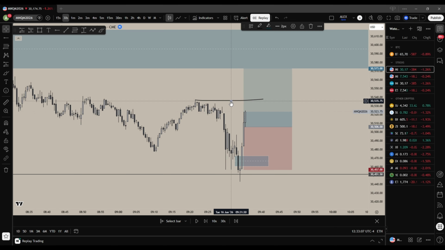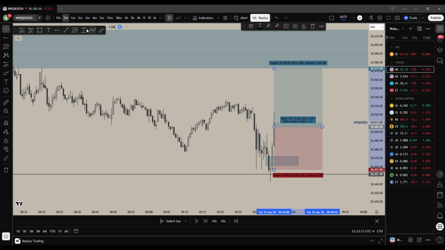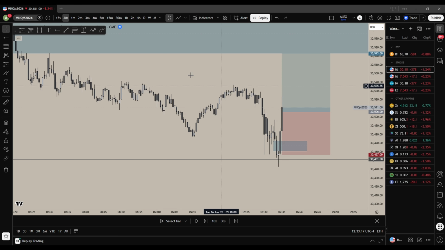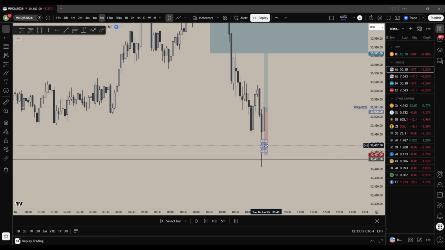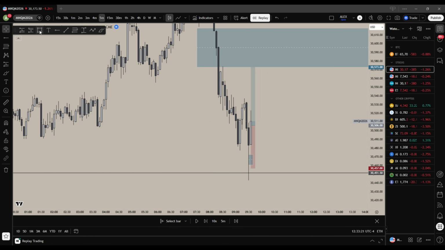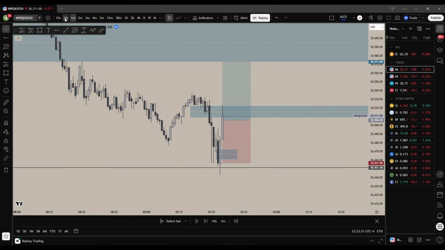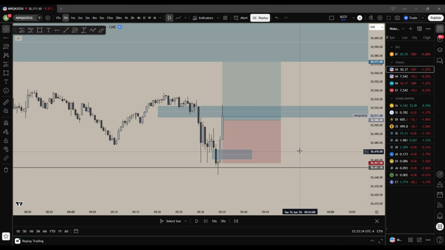Now when I entered, one thing I didn't notice, and this was my fault surely, is the 5-minute gap. If you can see, we entered around 9:35, exactly the minute where a 5-minute candle opened. Usually one thing I never do is enter off a 5-minute gap because the inversion possibility is quite high, so I try to avoid it.